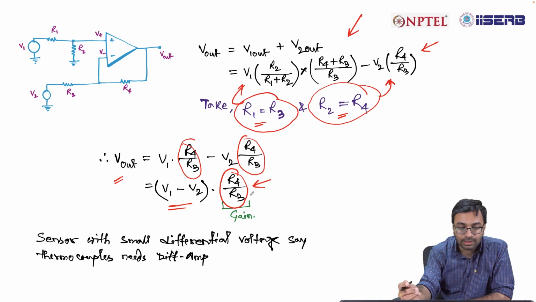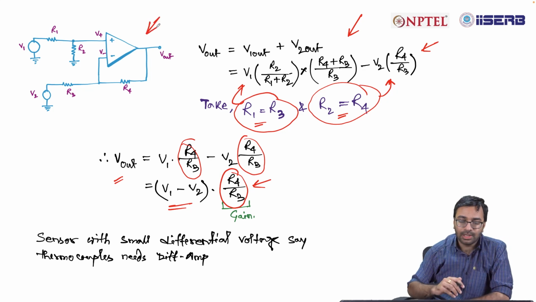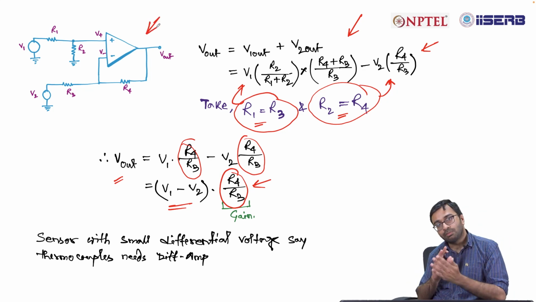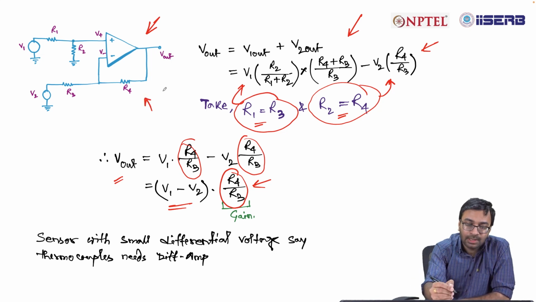Now, sensors with small differential voltage, for example thermocouples, need differential amplifiers because they work based on small differential voltages across the sensor. In such kinds of sensors you need differential amplifiers.